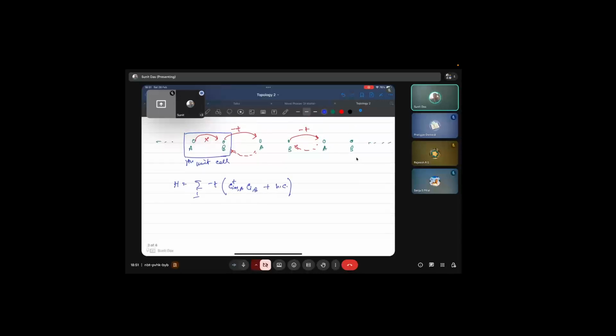And this is, let's say, the I plus 1th unit cell.